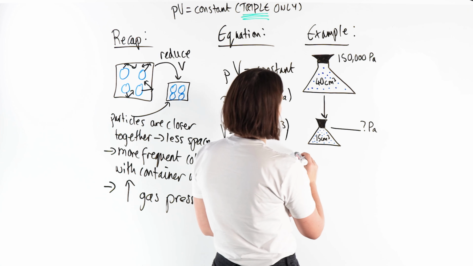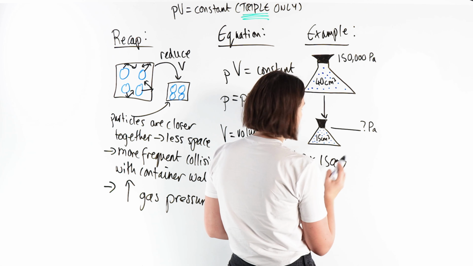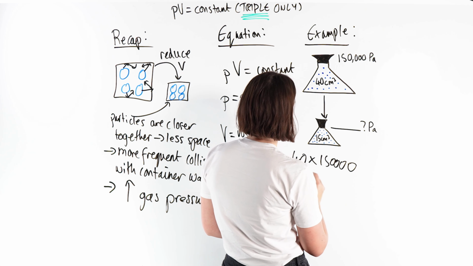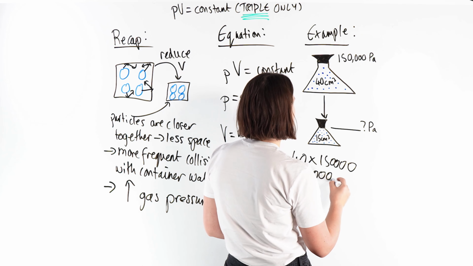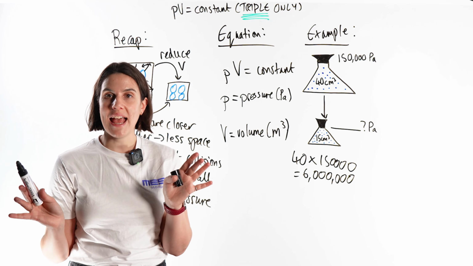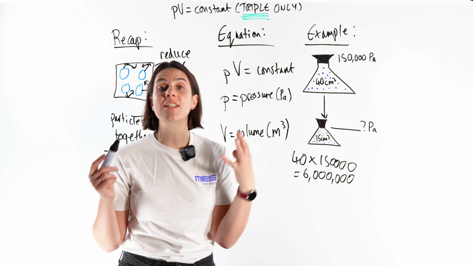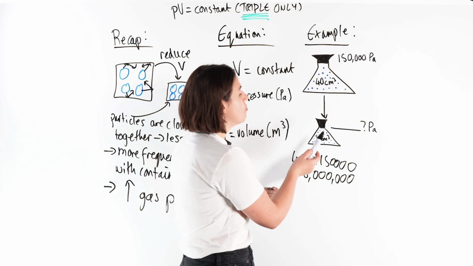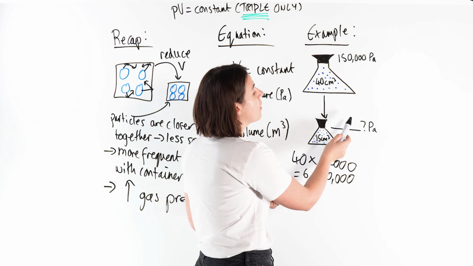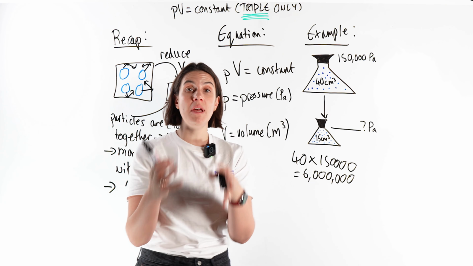So I'm going to do 40 multiplied by 150,000, which gives me an answer of 6 million. Don't worry about the unit, it's just a constant. Now, I know that because I've got the same number of particles and they're at the same temperature, my new volume multiplied by my new pressure is also going to equal 6 million.